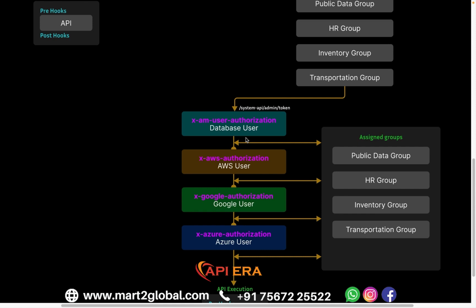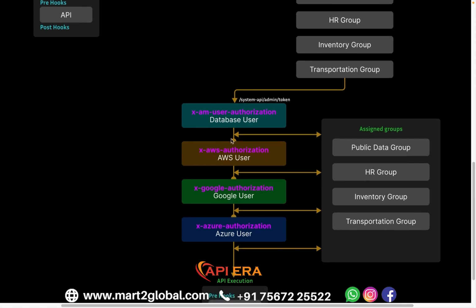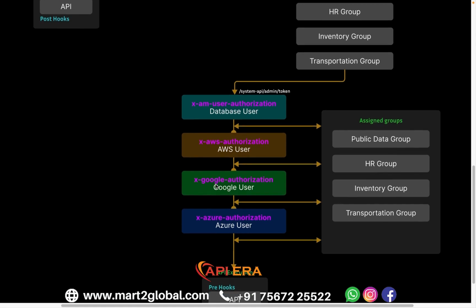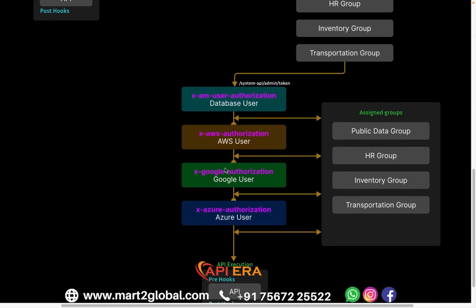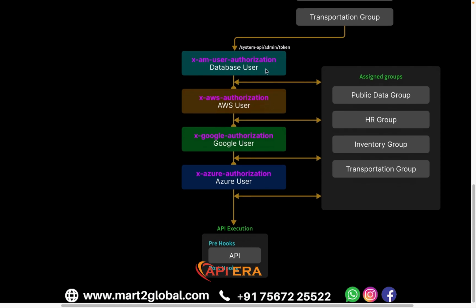And if group related information is provided, we will find the groups assigned to that user, and if any of these groups has permission to hit the API, it is allowed to hit that API, and it will further check for other authorizations. AWS, Google, and Azure authorization work the same way. If all the authorizations are passed, it will execute pre-hooks. After that, it will execute the API, then post hooks, and it will return the response to the user.